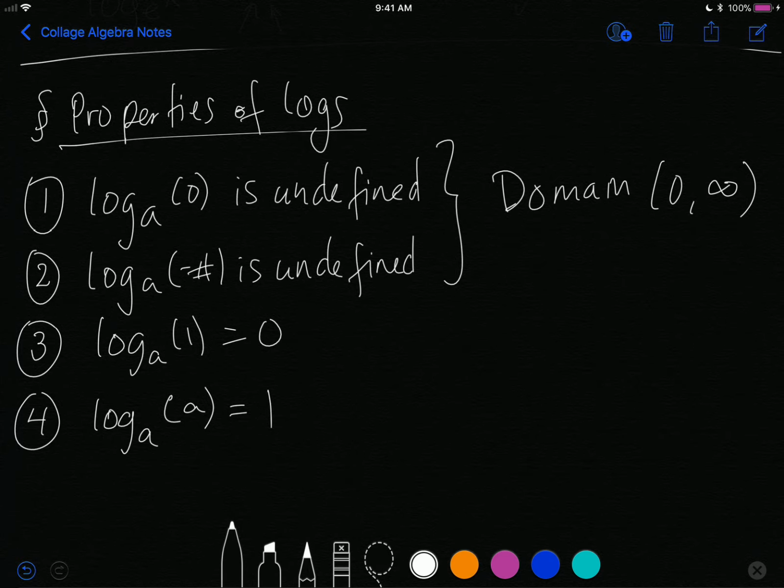Log base a of a is 1. So a quick example, if I take log base 17 of 17, then this is 1. I.e., this is asking, what power should I raise 17 to get 17? Well, that power must be 1.